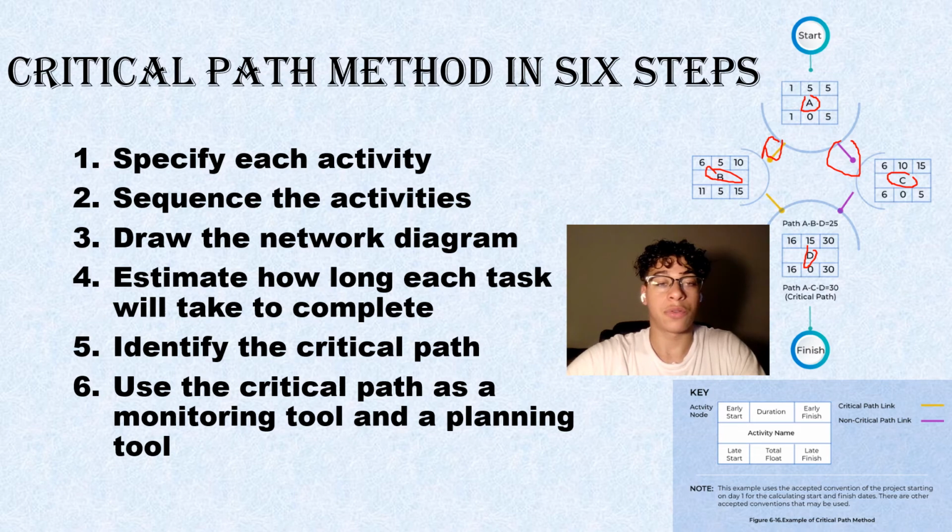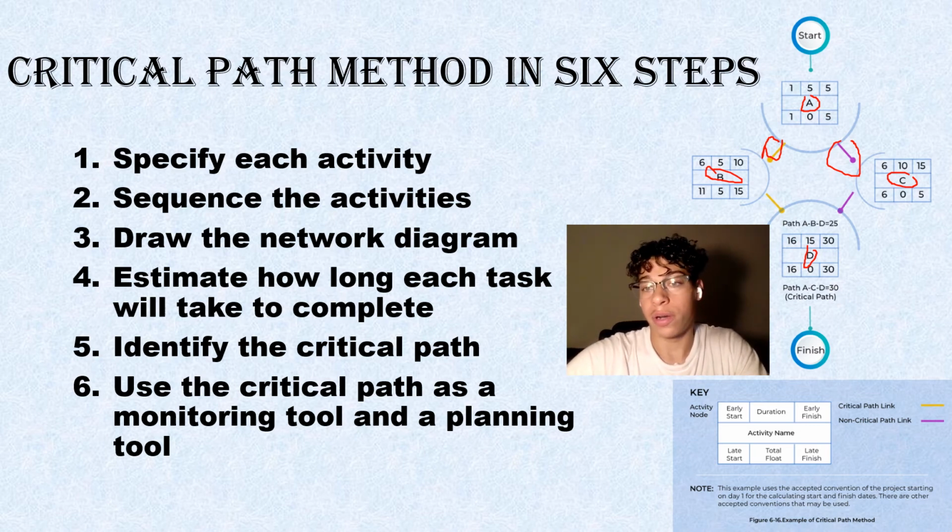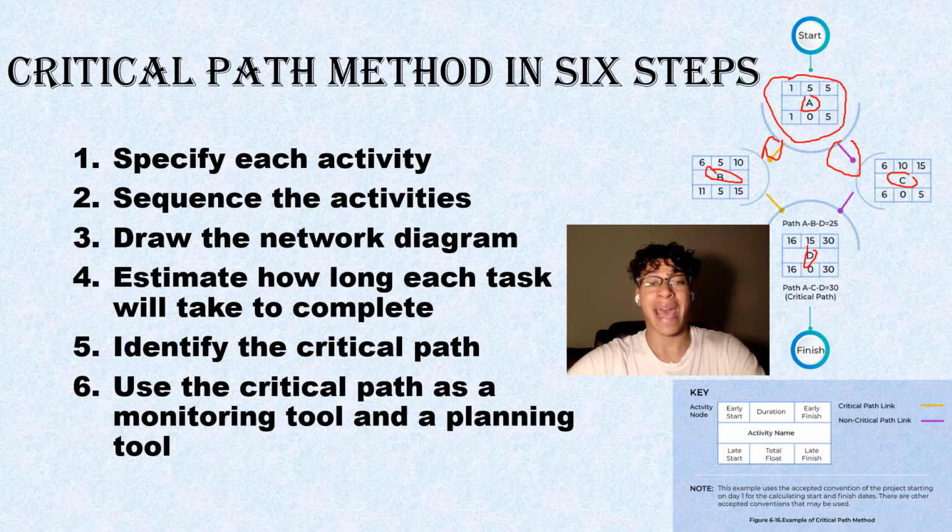Number three, you would have to draw the network diagram, of course, which is a graphic representation using arrows, like I said. The activities are shown in boxes, like you can see here. Number four, you would estimate how long each task will take to complete.